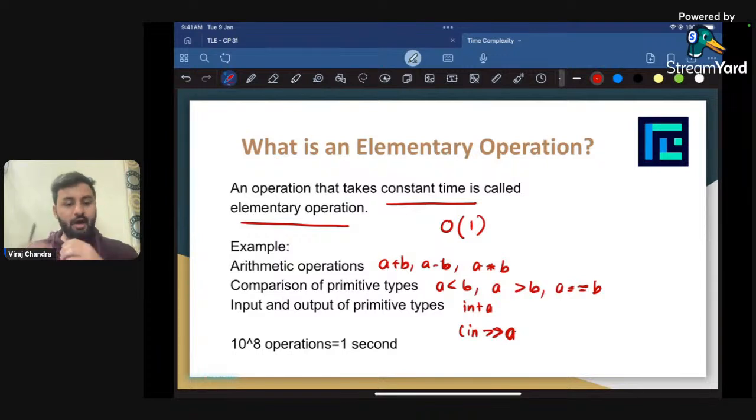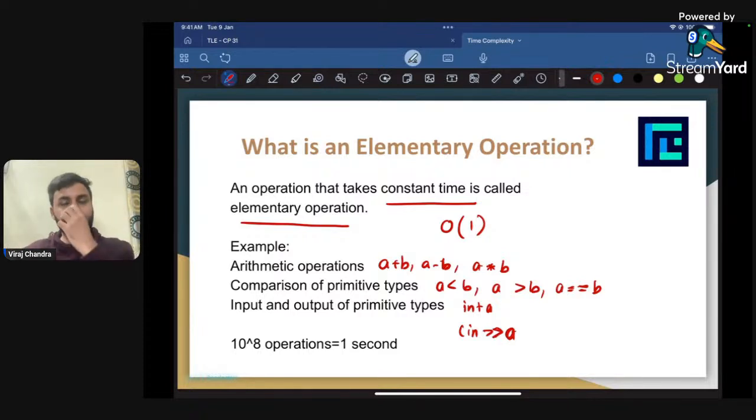Great. So now, in this competitive programming space, there is a very important thing that we have to always remember. Typically, it might be very dependent on which computer you're using, what sort of bit capacity it has. Maybe you are using a quantum computer, so that's not the point. It's a very generalized thing that we remember.